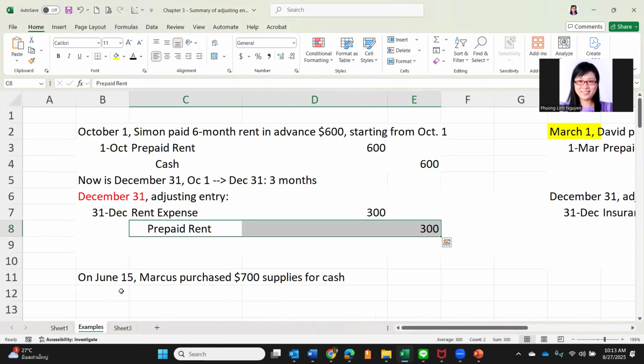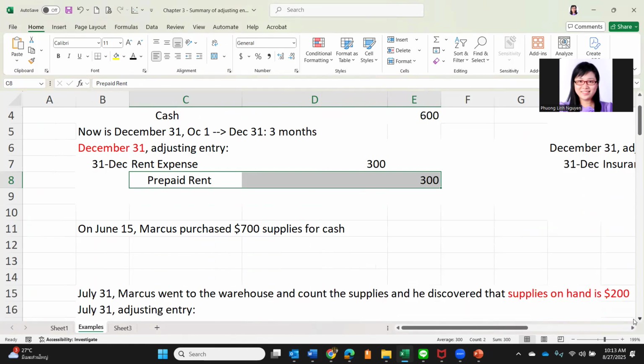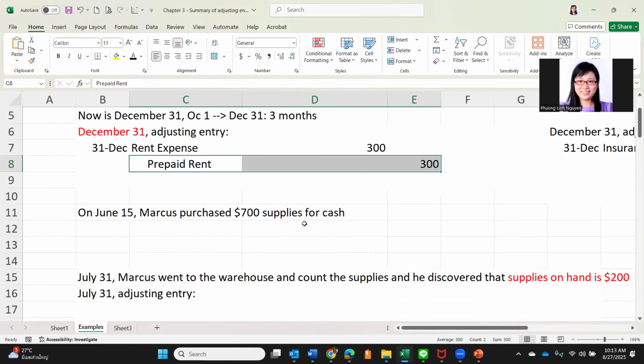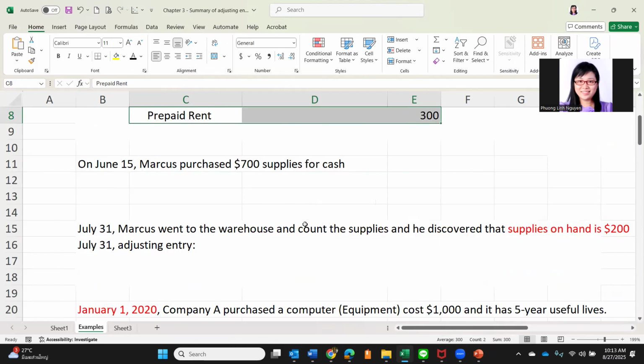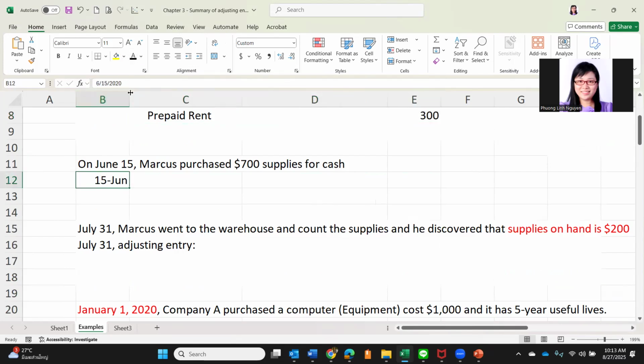So we credit supplies. Let's look at the example. On July 15, Marcus purchased $700 supplies for cash. What will be the journal entry on that day?